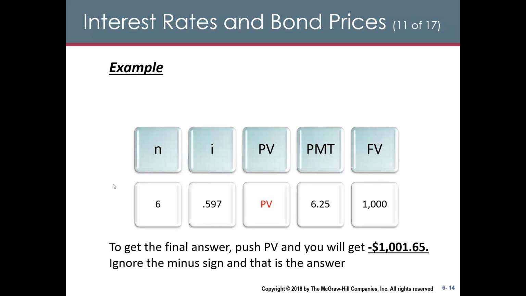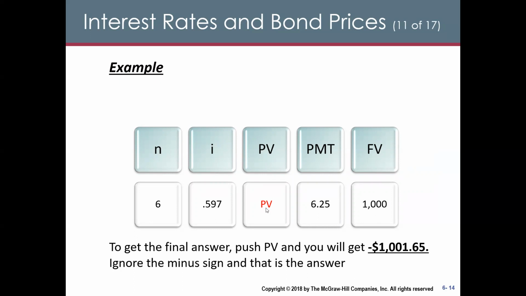Okay, and you can do it similarly in your calculator. However, this time N here is the number of payments you are going to receive. Instead of receiving 3 payments, now you receive 6 because it's paid semi-annually, and the discount rate is changed. So instead of 1.194, you have 0.597 as the discount rate.